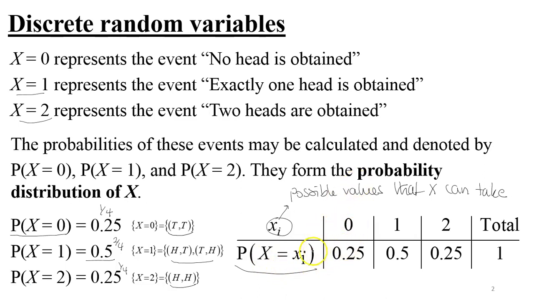As you can see, the probability of x equals to 0 is 0.25 as determined here. The probability of x equals to 1 is 0.5, and the probability of x equals to 2 is 0.25. Since x equals to 0, x equals to 1 and x equals to 2 basically form a partition of the universe, their probabilities should give you a total probability of 1.